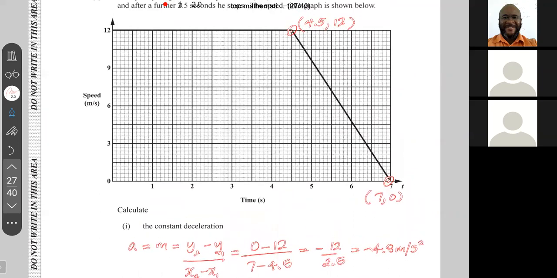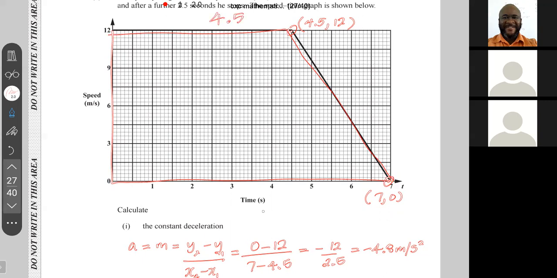Now, for the speed time graph, the area under the graph calculates distance. The area for the entire graph is a trapezium. Up here is 4.5.